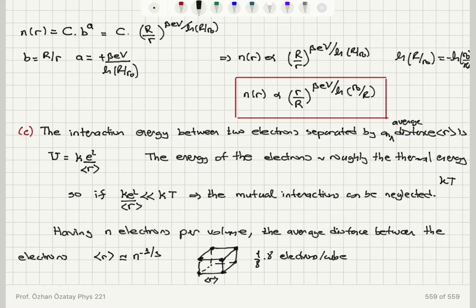The volume of the cube is the average distance r cubed. So if I have capital N electrons, they will occupy capital N times r cubed volume, which is the total volume, or let me call it V total.